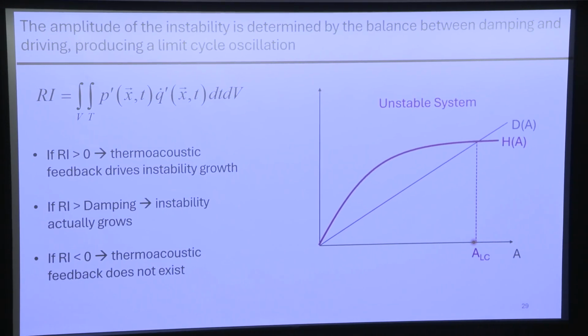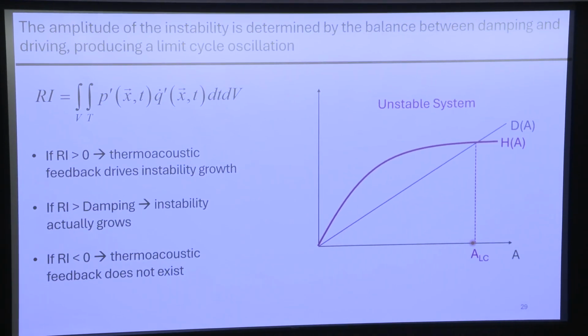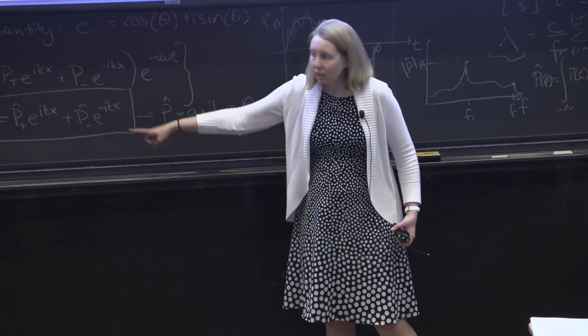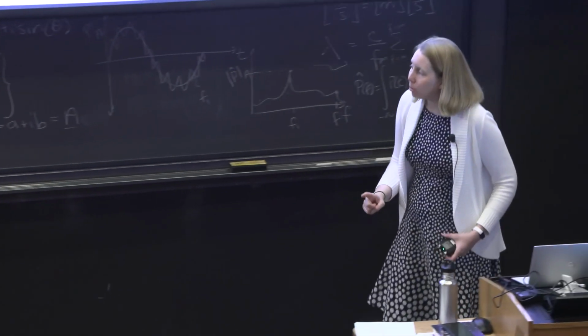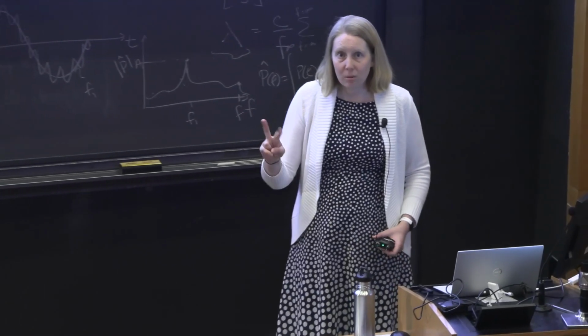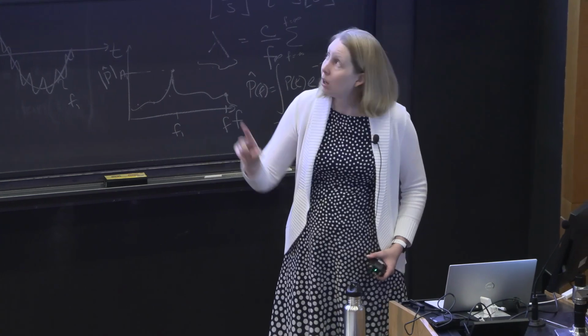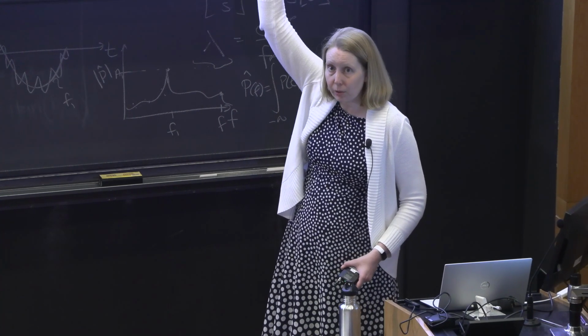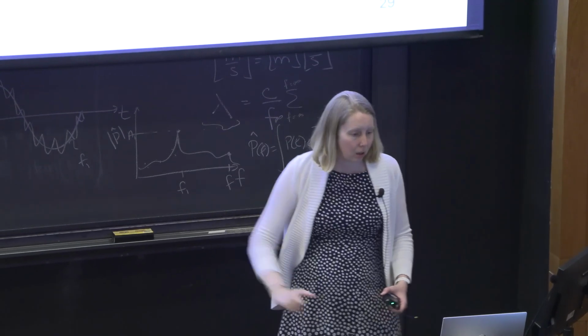We're really good now at predicting the frequency because calculating acoustics is pretty easy. This is a really easy equation to work with. And we can get pretty good at determining the phase between the heat release rate and the pressure, but figuring out the nonlinearity of the flame response is quite difficult. And we'll see why in just a bit.